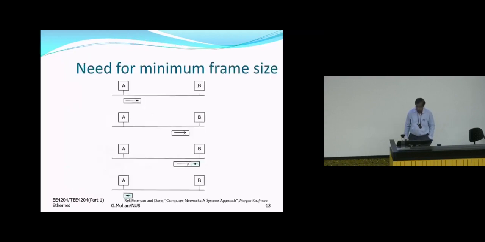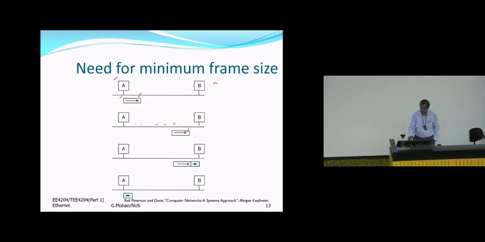Now look at this illustration. Let's say A is sending a frame to B, which is on the other side, at the extreme end, 2.5 kilometers away. This is the first bit, this is the last bit, and the bits are traveling towards B. Just before the first bit reaches B, B wants to send something, because that can happen.